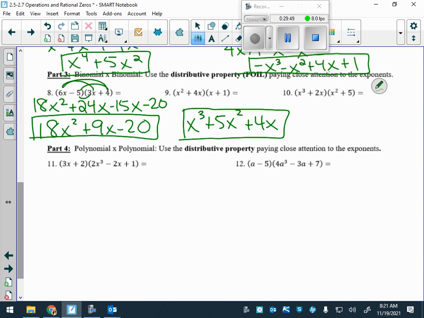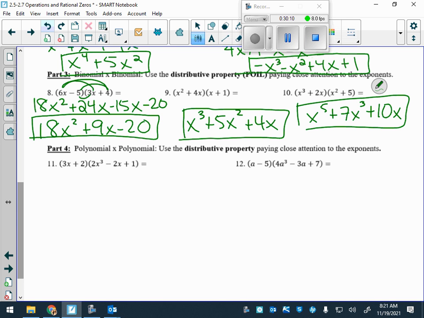Yep. X to the 5th. Perfect. Good. Cubed plus 10x. Awesome. How many of you guys did get that?